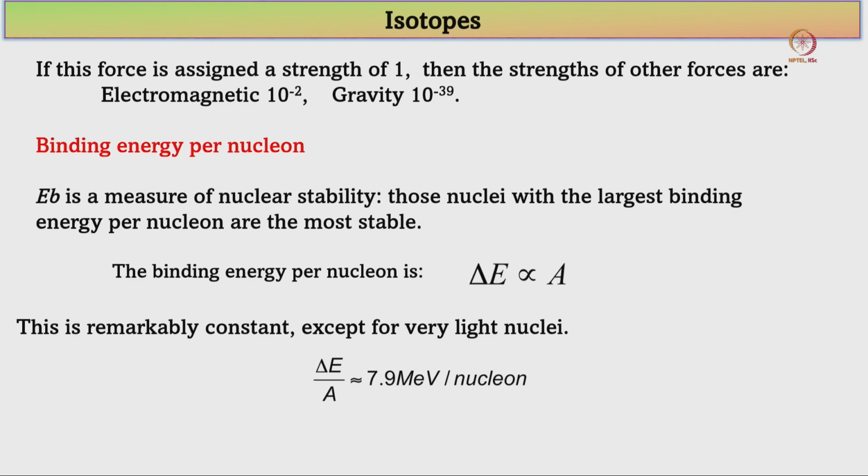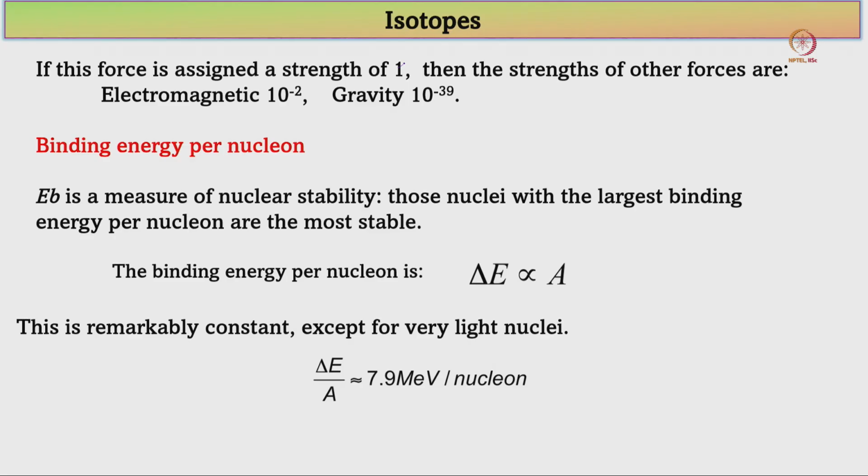This force is called the nuclear force. If it is assigned a strength of 1, let us compare it with the other forces, because having some values helps us understand what kind of strength it is.